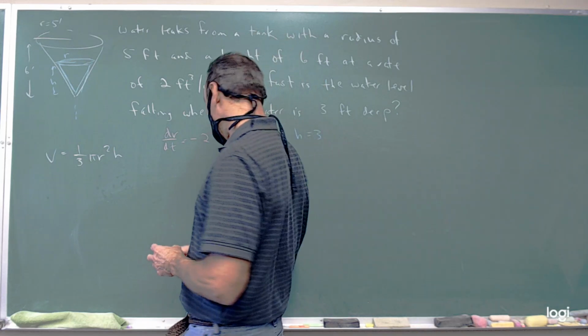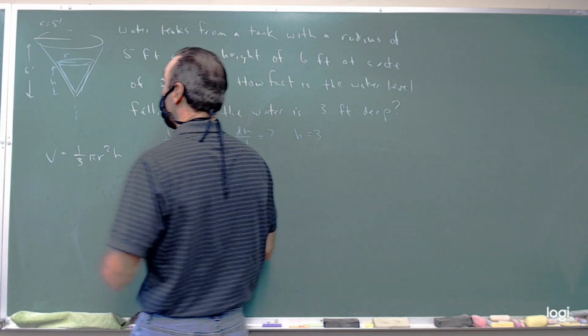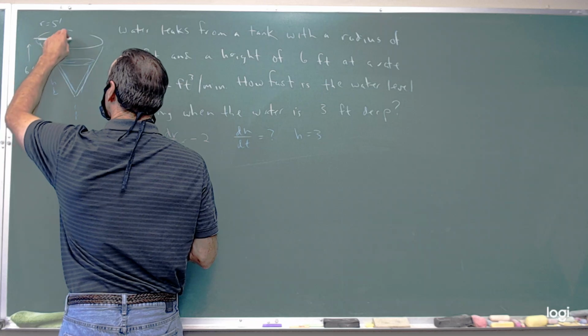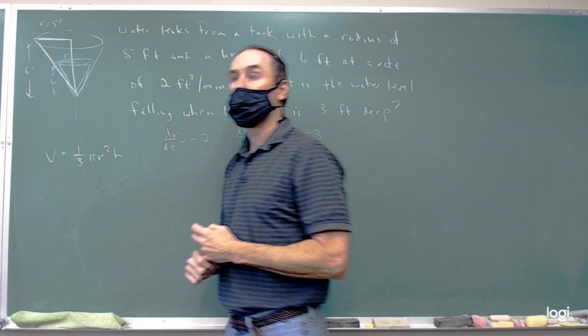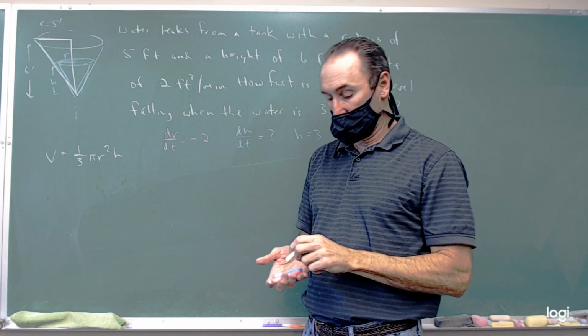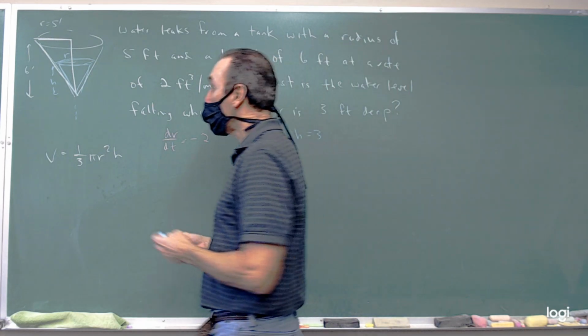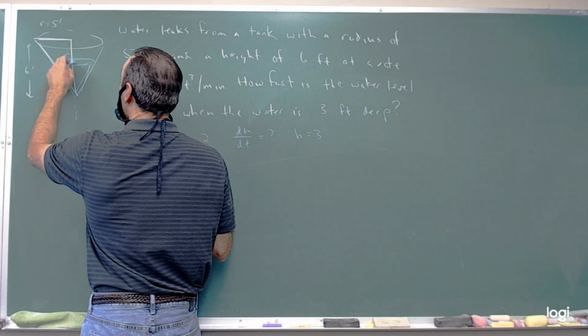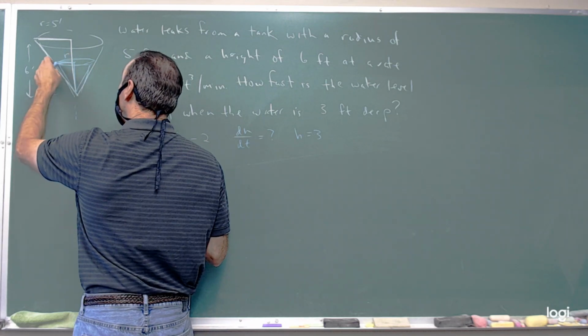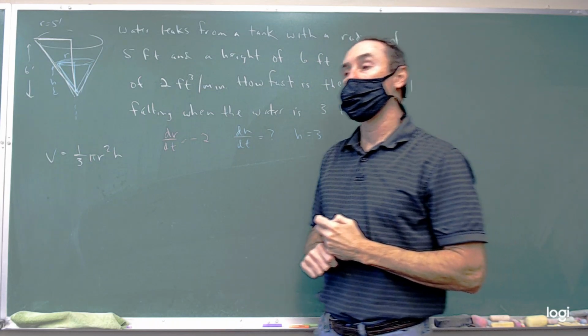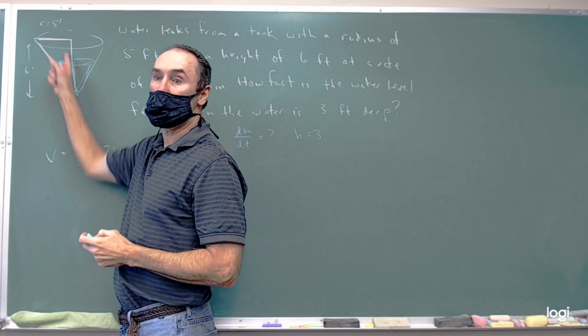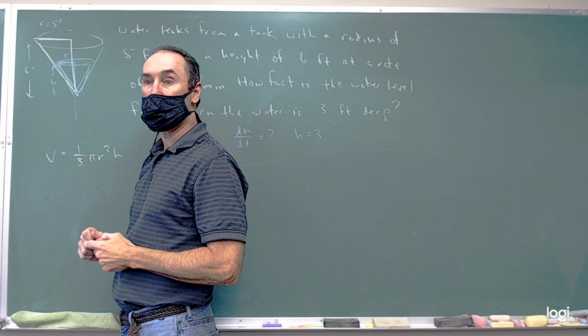If you look at the actual tank itself, the radius and the height and the side of the tank form a triangle. If you look at the cone of water, the radius and the height and that side of the cone of water form a triangle that's similar to the triangle in the tank.